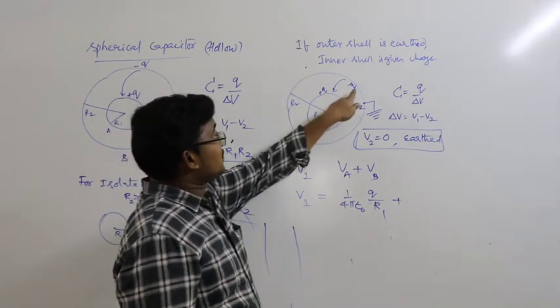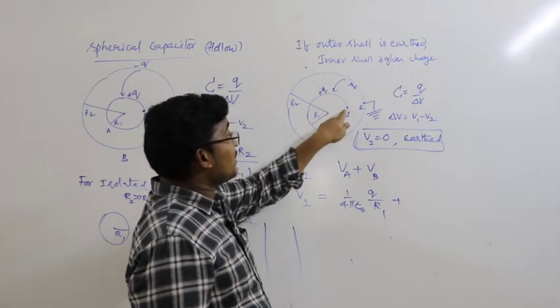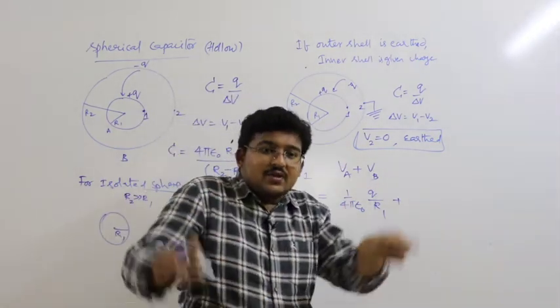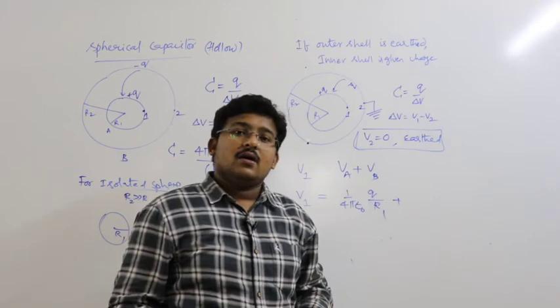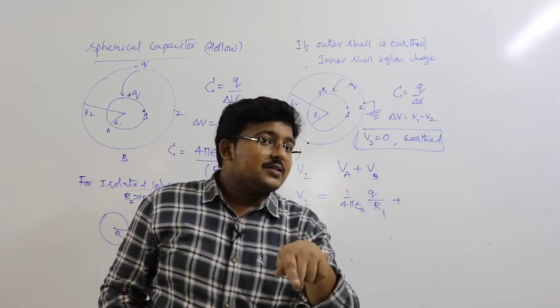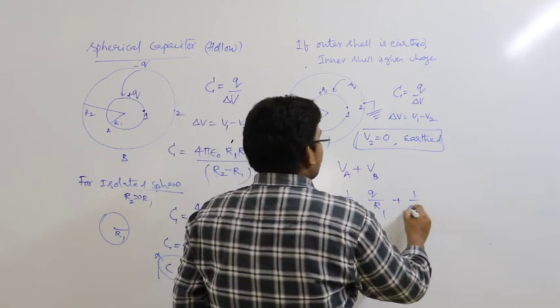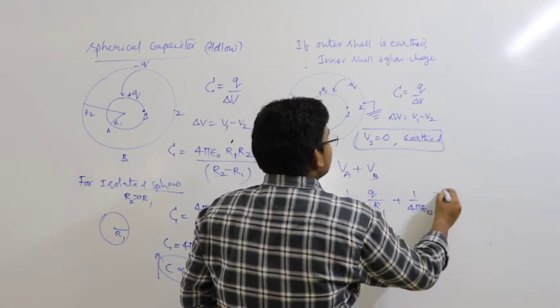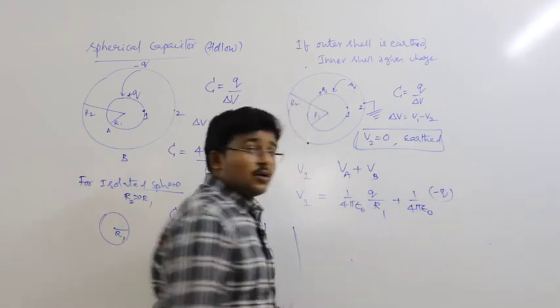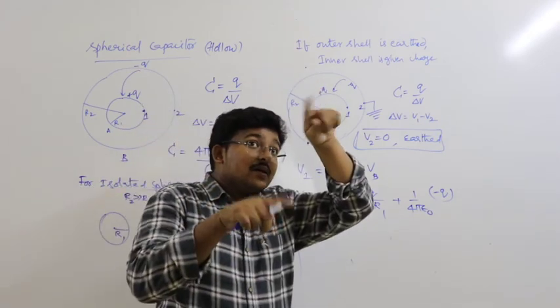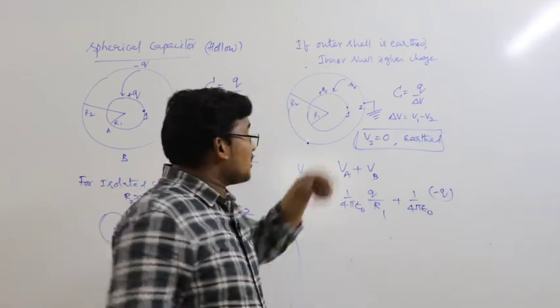Due to this minus q, we are finding it at point 1. For this minus q surface, the point is inside, and you know that inside or on the surface the potential is the same. So 1 by 4 pi epsilon naught, the charge is minus q, and the surface radius is R2.